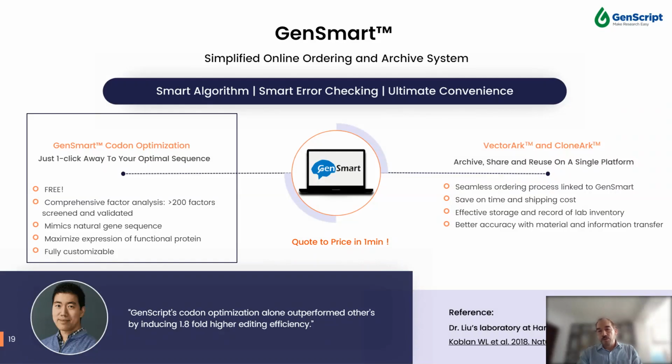And again, you can also use it with our vector ARC and clone ARC systems to store your vectors and clones if needed. And we have many very happy customers. Here is one recommendation, one reference from Dr. Lu at Harvard University, who used our gene codon optimization system and found very good results with it.